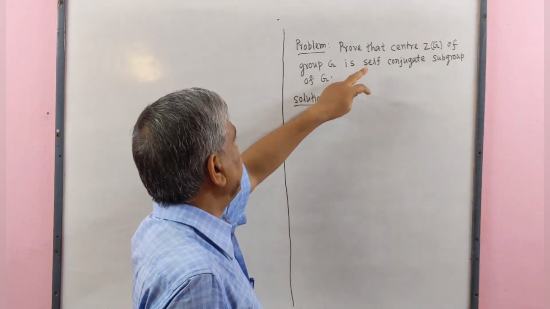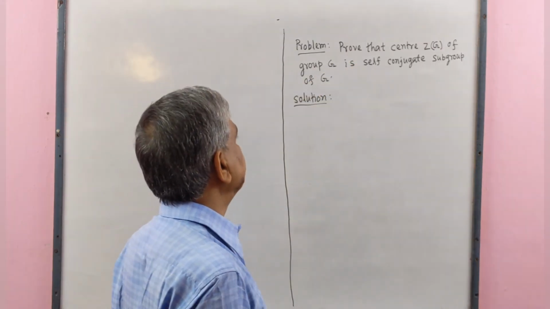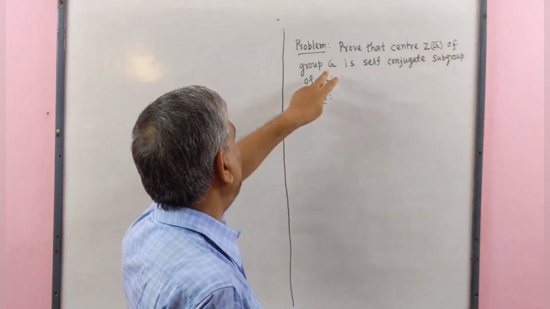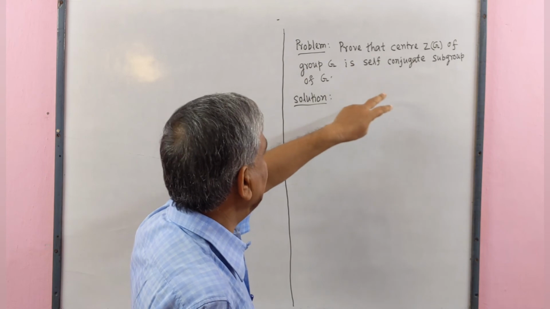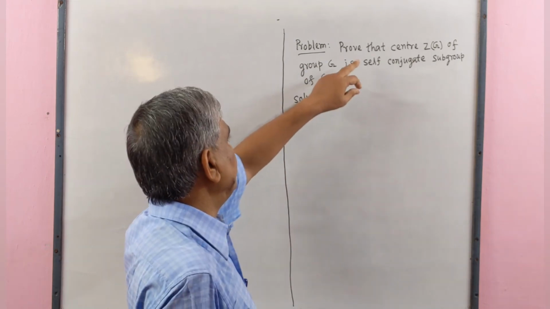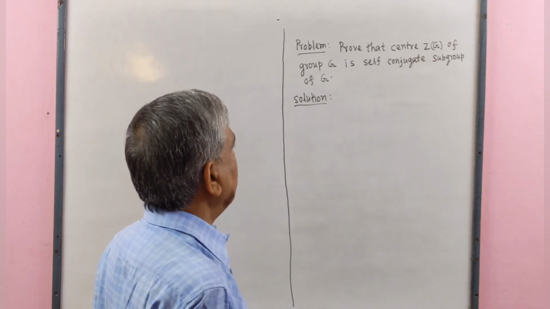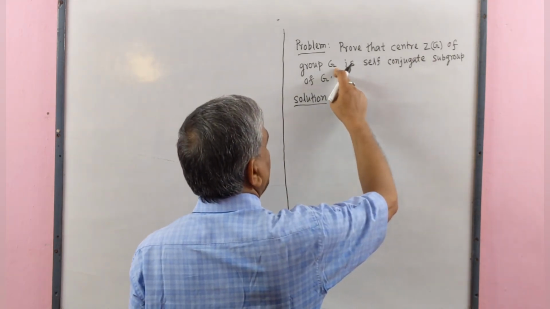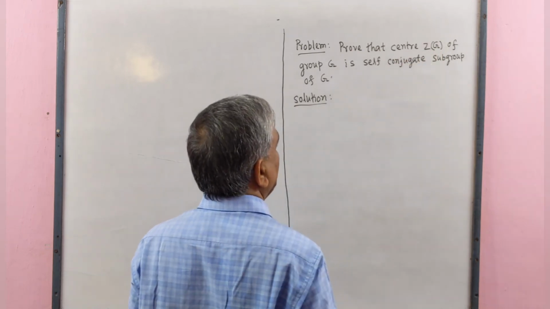Now we prove a problem. Prove that the center Z(G) of a group G is a self-conjugate subgroup of G. Now we prove this. Let G be a group and Z(G) be the center of the group.